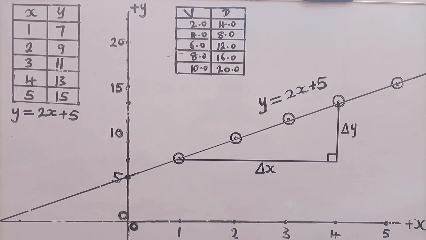So what it means is that at all times, after we plot a graph and want to get the slope, that is the rate of change between independent and dependent variables, this is what we do. We choose any point along that straight line or the line of best fit and draw a vertical line that runs downwards like this one.